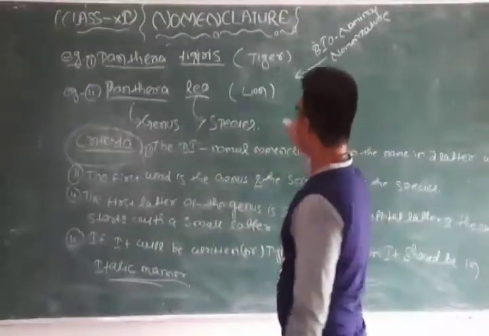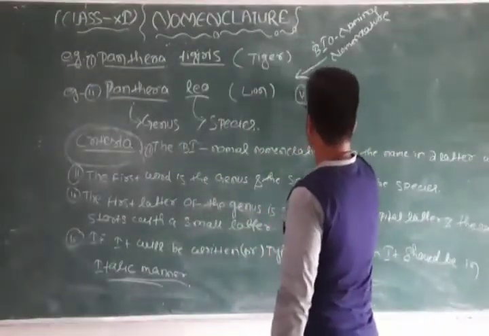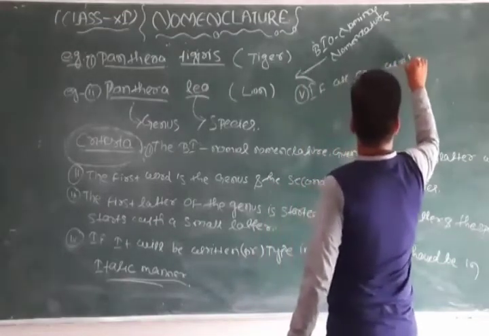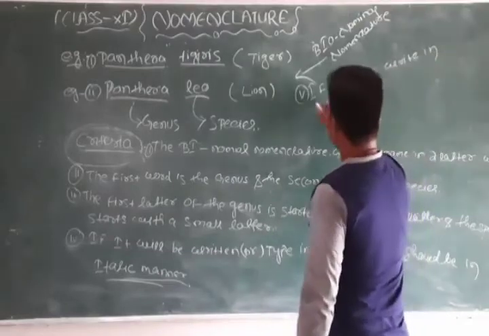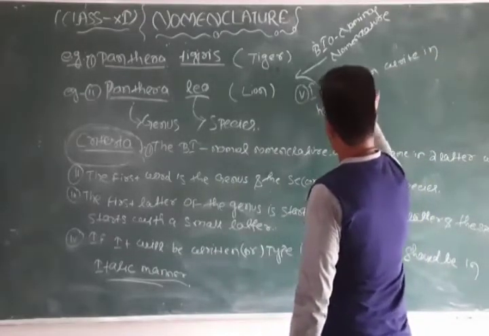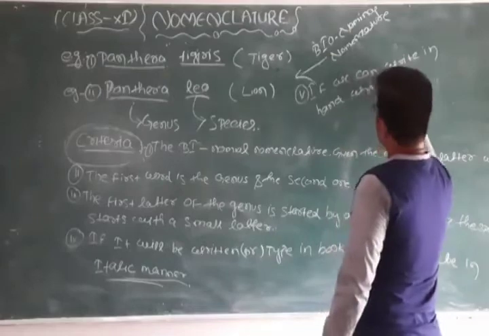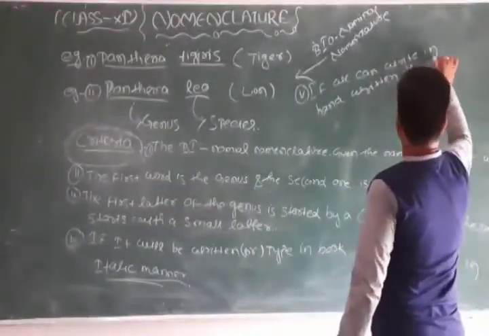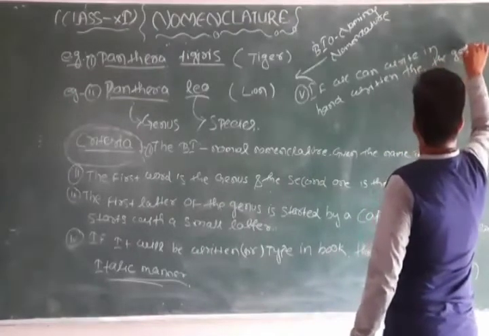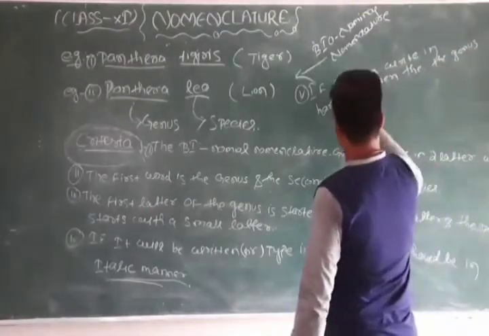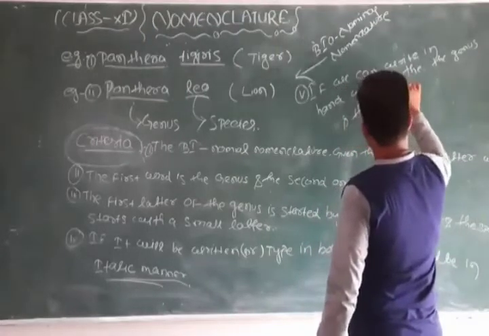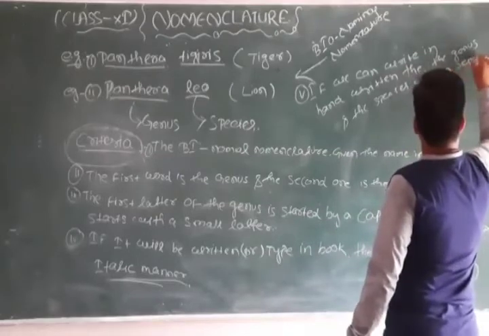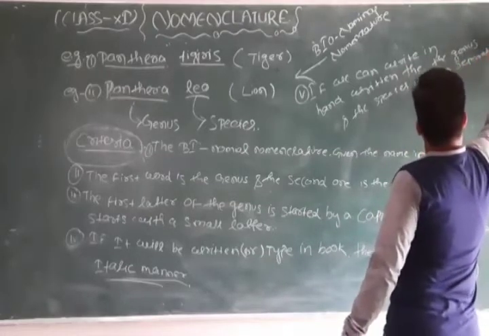The fifth criterion is: if we write by hand, then the genus and the species are written separately, and each is underlined separately.